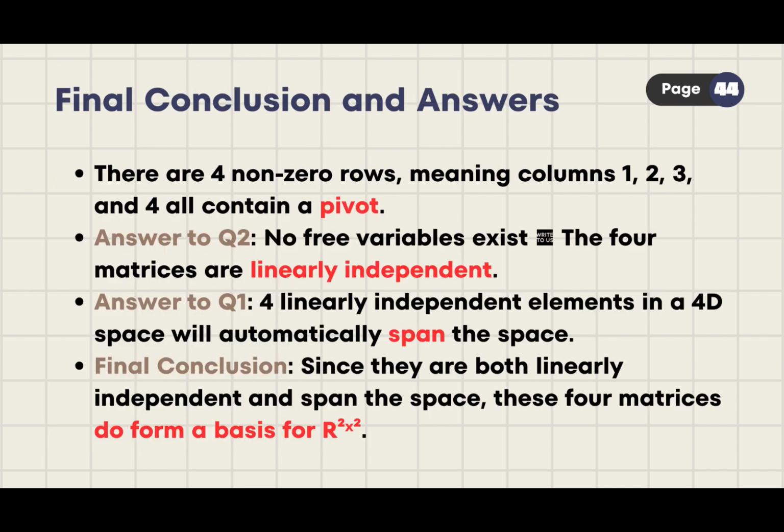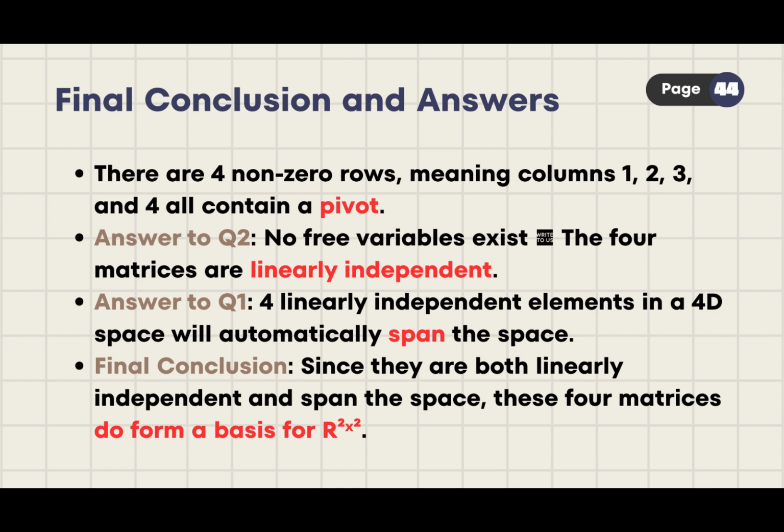Final conclusion and answers. There are 4 non-zero rows, meaning columns 1, 2, 3, and 4 all contain a pivot. Answer to Q2. No free variables exist. The 4 matrices are linearly independent.